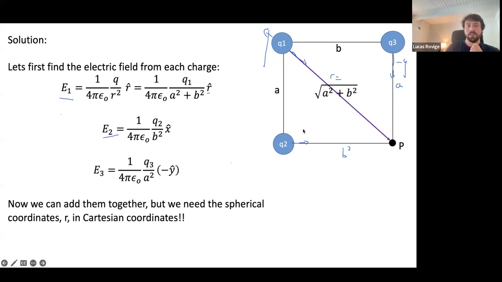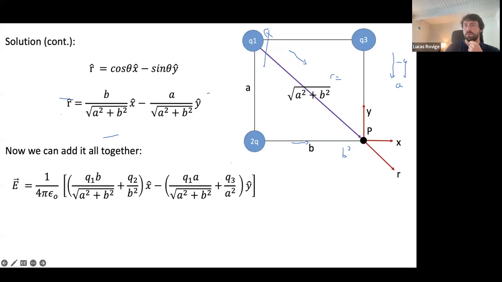Before that, we need to convert this R vector into Cartesian coordinates. Here we see that the unit vector R is cosine theta x minus sine theta y. This you can get from a trigonometric observation: if you have R here, X here, y here, and theta being the angle.